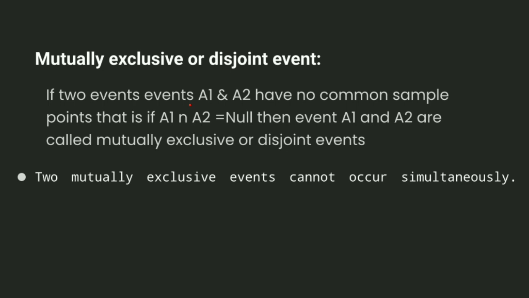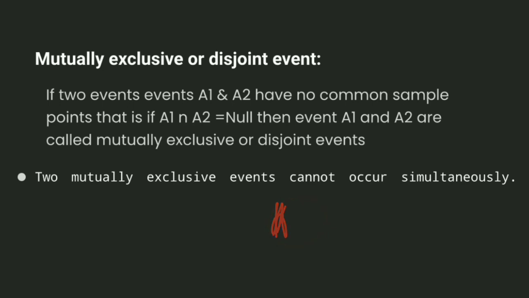If two events A1 and A2 have no common sample points, that is, if A1 intersection A2 equals null, which means it has no common points. If you do the intersection of these two, A1 and A2, it would be null, nothing would be there.